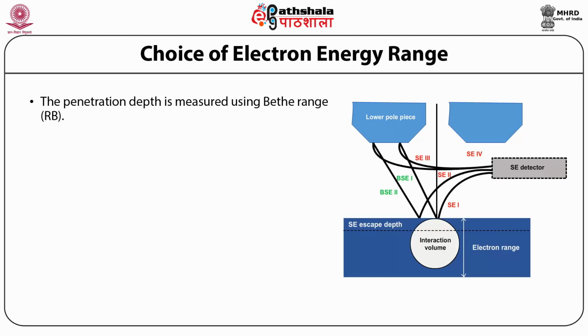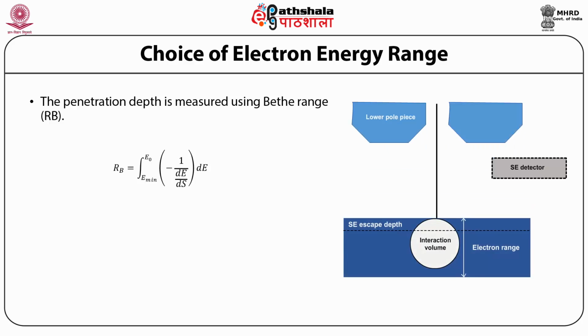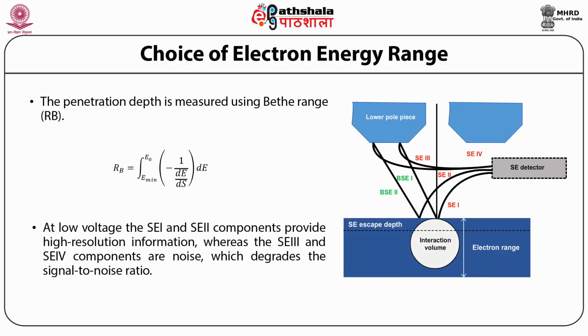The penetration depth is measured using the Bethe range RB, which is equal to the integration from E minimum to E0 of minus 1 by dE by ds dE. The low voltage image is more sensitive to the chemical nature and topographic form of the specimen surface.